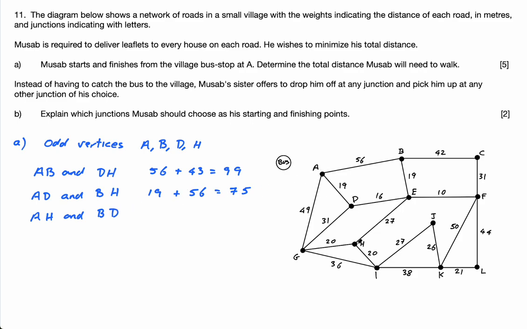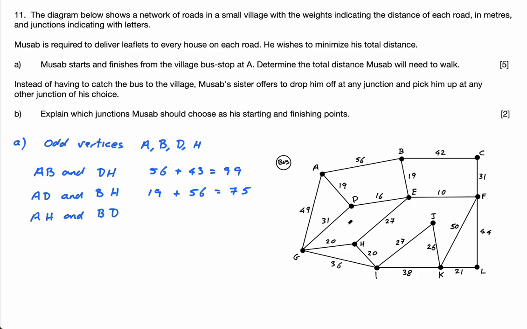Who knows? A to H, right? So to get from A to H, it's either 49 plus 20, which is 69, or this way is arguably quicker, which would be 19 plus 16 is 35, plus 27 is 62.